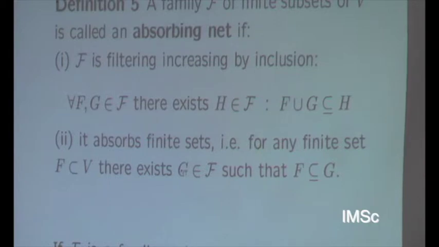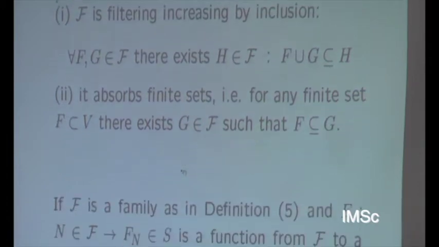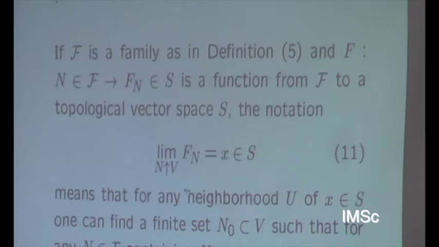Okay? And this means absorbing. And so we use this notation: the limit for n increasing to v, absorbing all finite subsets, is equal to x. It means that it is convergence with respect to this net. Okay? Of course, this has to be meant in the topological sense.